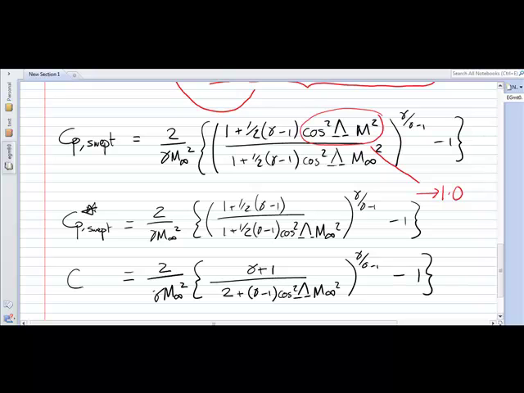So there it is, the critical Cp for a swept wing looks like this relationship here.